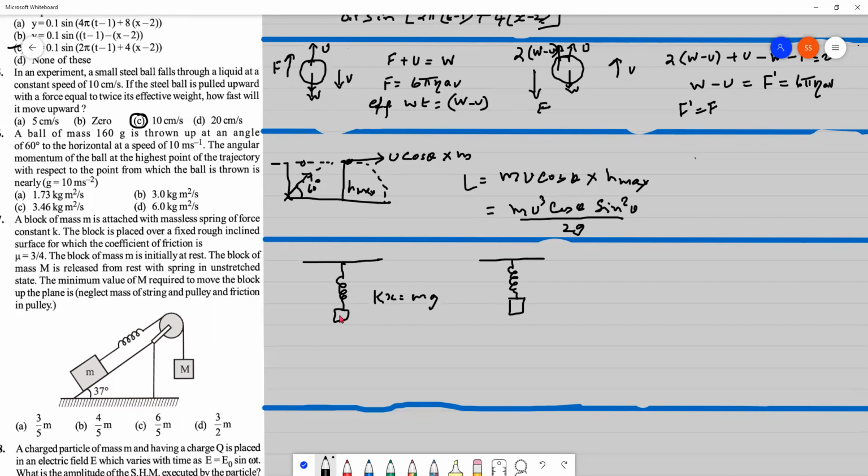You are not taking out your hand. You just hold this block and slowly release it, and it will come to rest at a position where kx is equal to mg. But when you release it, it falls abruptly.